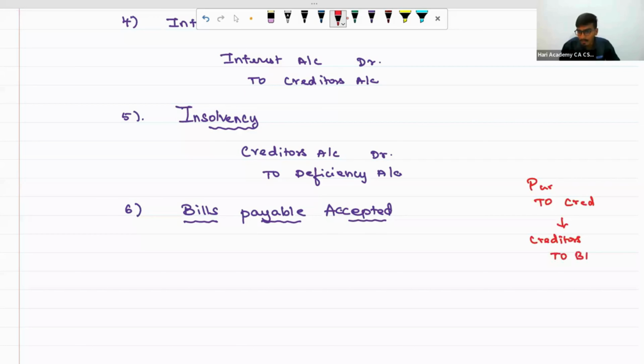Second, I have created a new account called bills payable. That is also a liability. The words are only changing, the effect will remain the same. Or I can say the mode will get changed, the effect will remain the same. For that, I will pass a journal entry: creditors account debit to bills payable account.